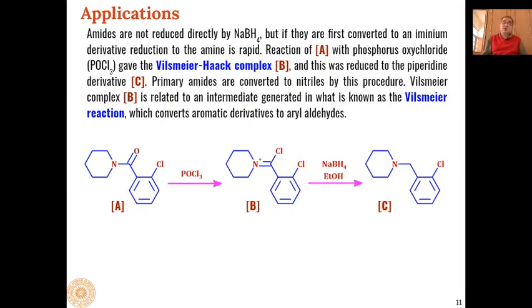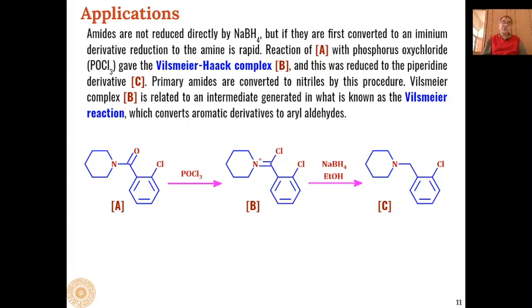Then another selectivity of sodium borohydride reduction is that amides are not reduced directly by sodium borohydride. If we react sodium borohydride with an amide directly, it will not reduce it.